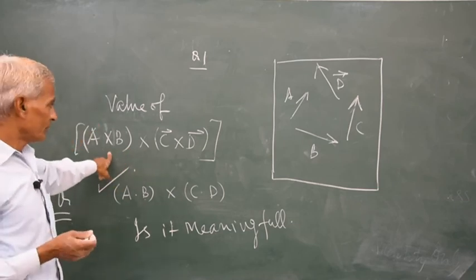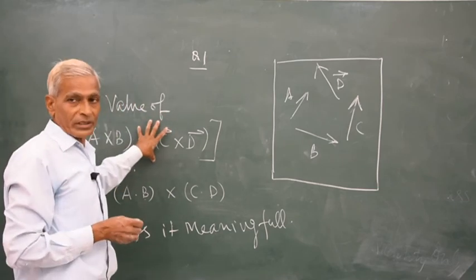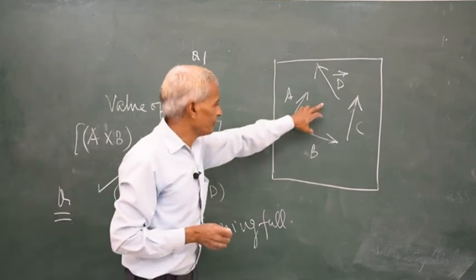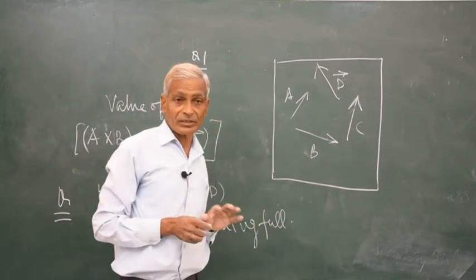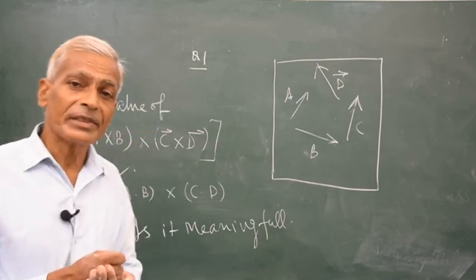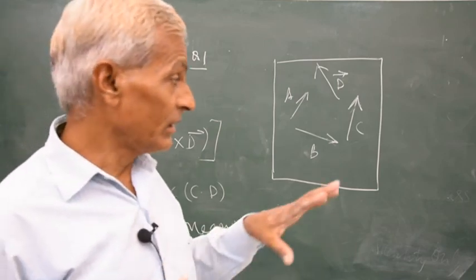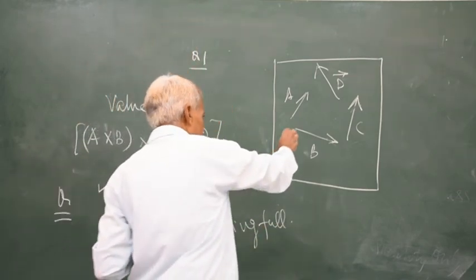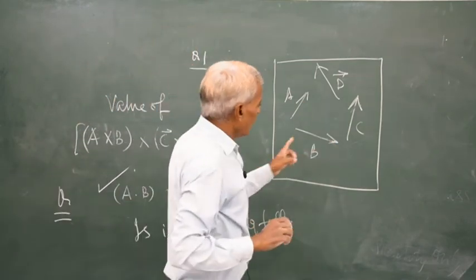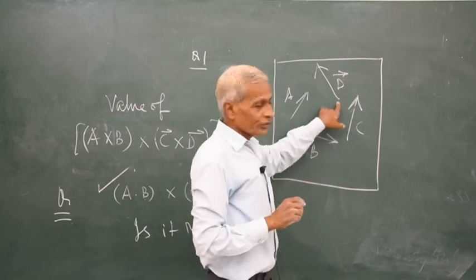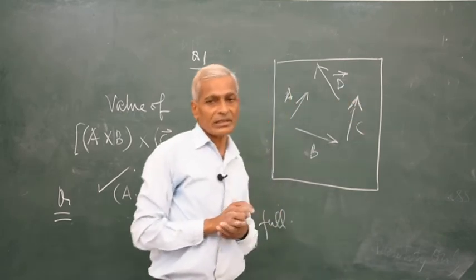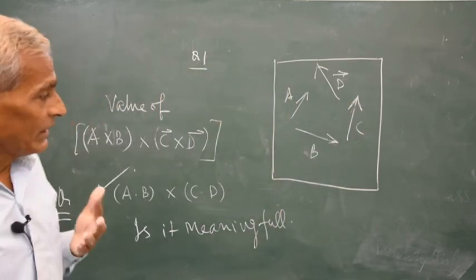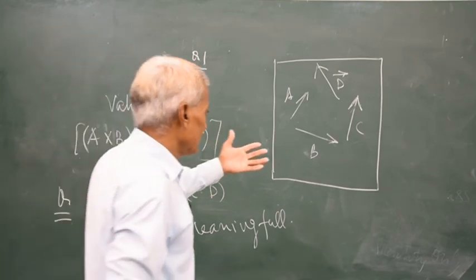Suppose you are going to answer this question. A cross B, as I have already explained, is a vector perpendicular to the plane containing the vectors. Therefore, this is a vector like this. And what is C cross D? C cross D is a vector perpendicular to the plane containing these 2 vectors.